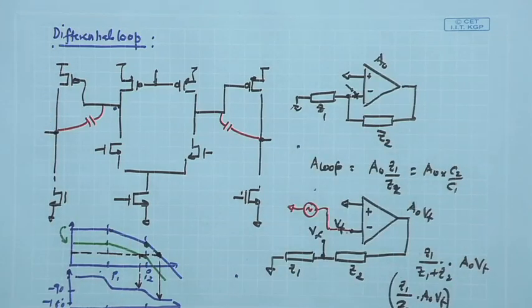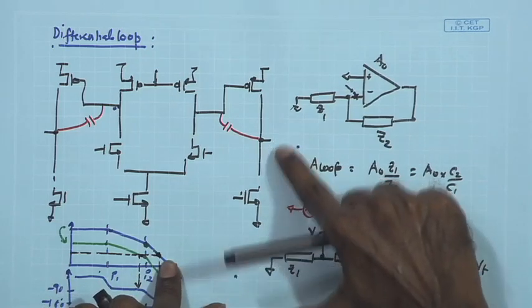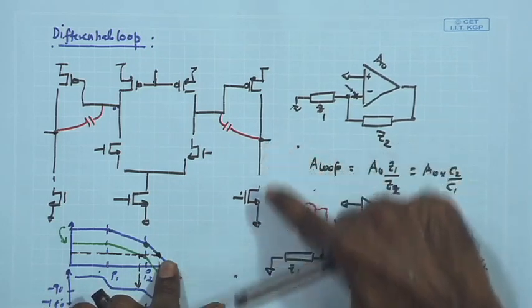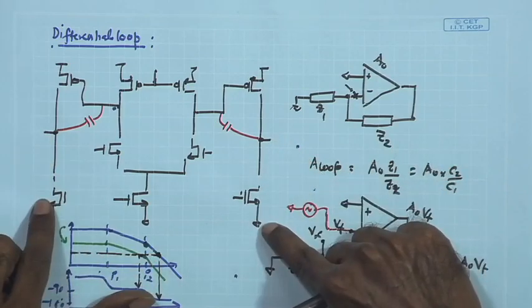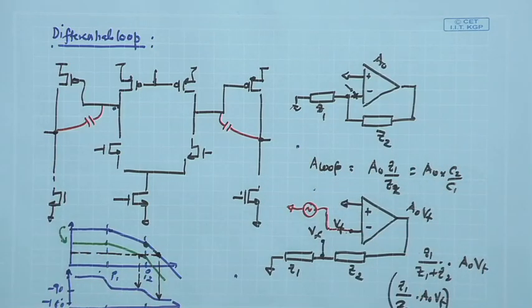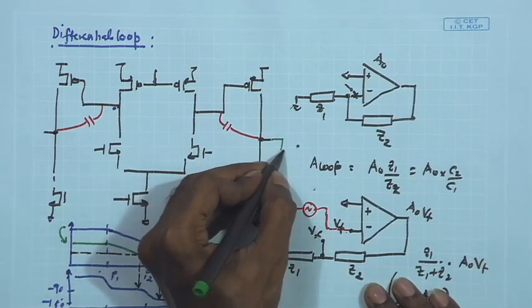When we open the loop for the differential case, on both sides we are going to put the Z1 upon Z2 from the two outputs to the ground. That is what we are doing. From both outputs you put the C1 C2 ratio to the ground.